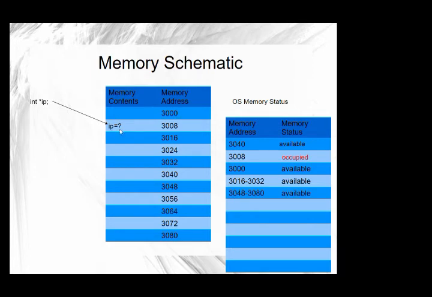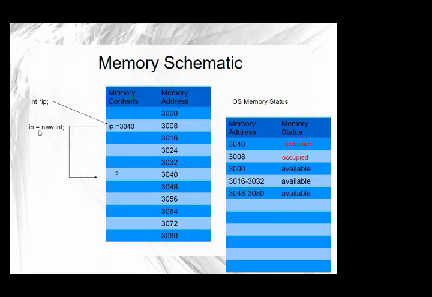And we don't have a value for IP yet because we never assigned it. When you first declare a variable, it has what's called an undefined initial value. You can initialize it if you want to, and there are ways to do that, but for this code, we're not doing that. Okay, moving on.